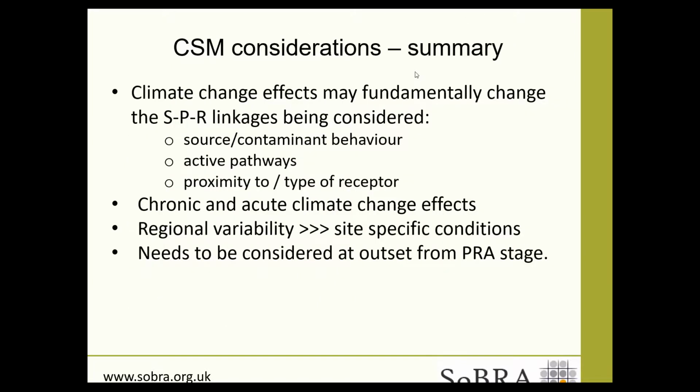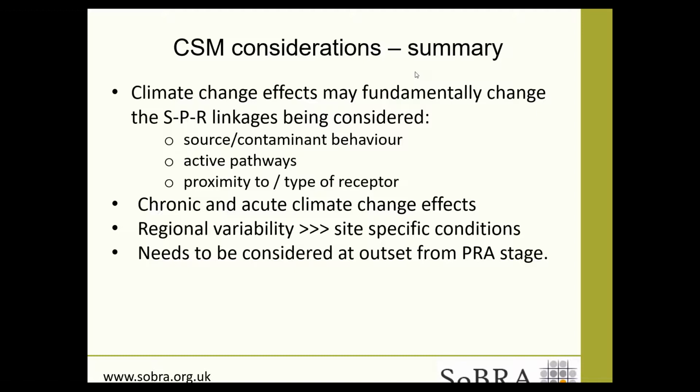So just to summarise the CSM considerations, what we've been able to show you is that climate change effects may fundamentally change the pollutant linkages being considered within the CSM, in particular source contaminant behaviour, active pathways, and the proximity to and type of receptor.